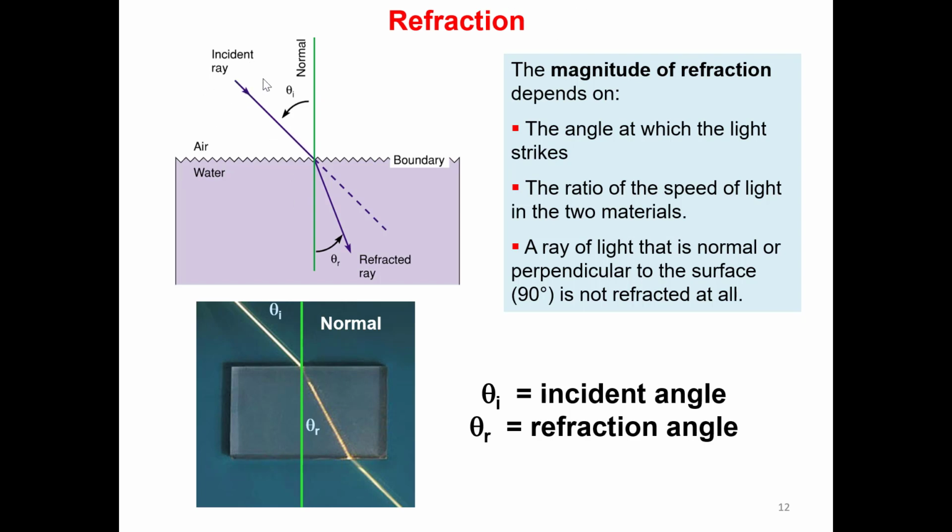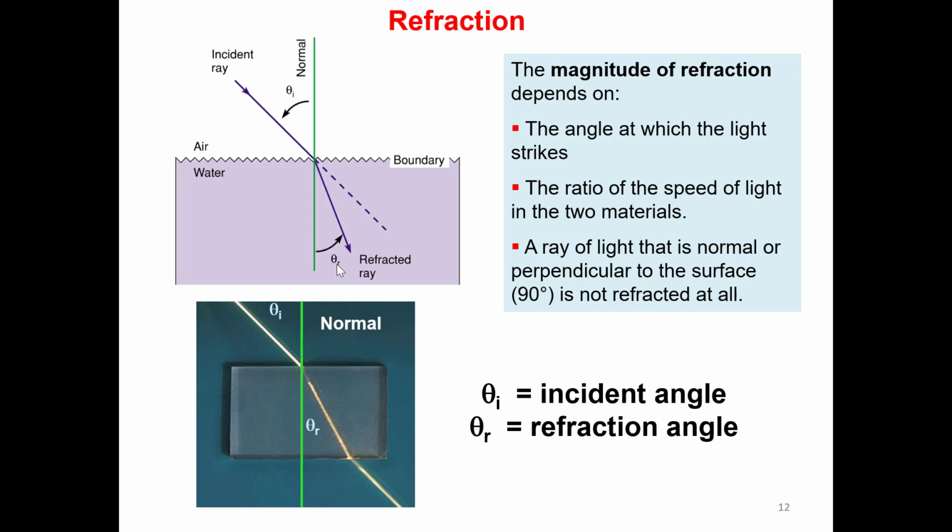We had here air, and in this case, water. This is the incident ray. Here it interacts with the water, because the ray changed the medium. From air to water, the line is bending. Then we can describe this phenomenon in terms of the incident ray and refracted ray.